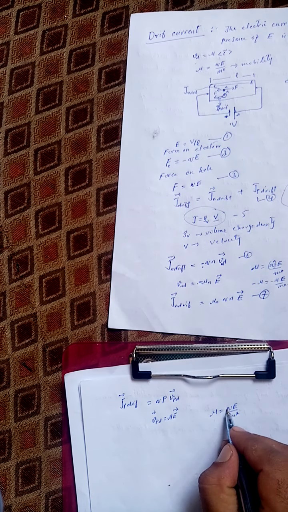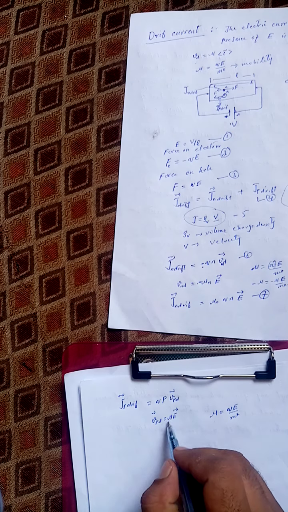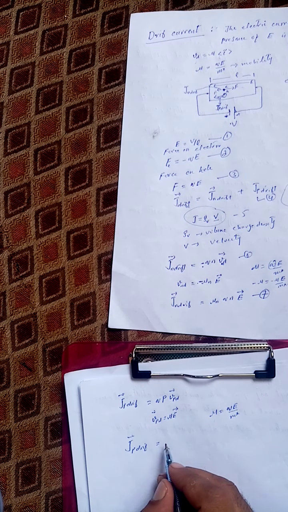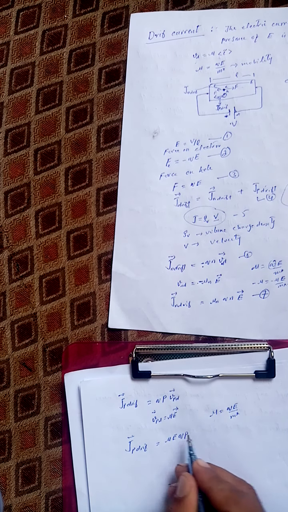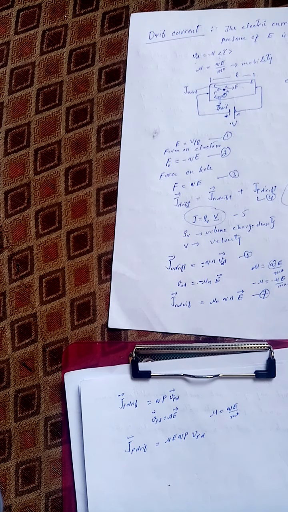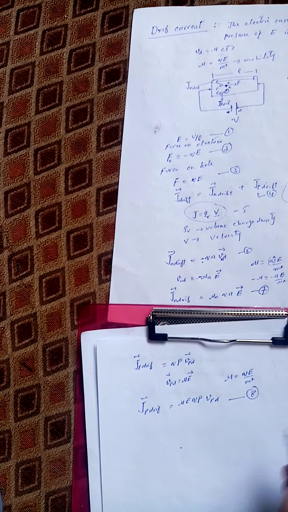For hole we have positive charge, so it's just positive. Now using this value above, we get J_p drift, which is q p mu_p E. Let's say this is equation number 8.